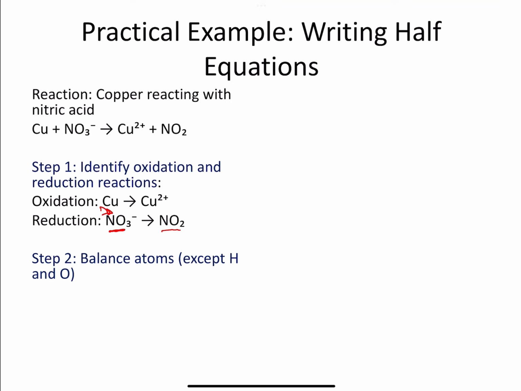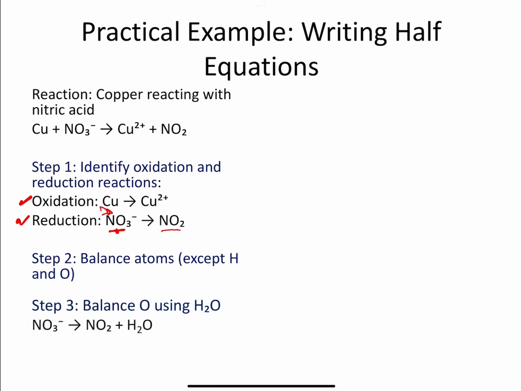Step two is to balance the atoms except for hydrogen and oxygen. You can see that for both oxidation and reduction, the atoms have been balanced apart from the oxygen, because there is one copper on both sides and one nitrogen on both sides, so we don't need to rewrite this step. Step three is to balance the oxygen using water.